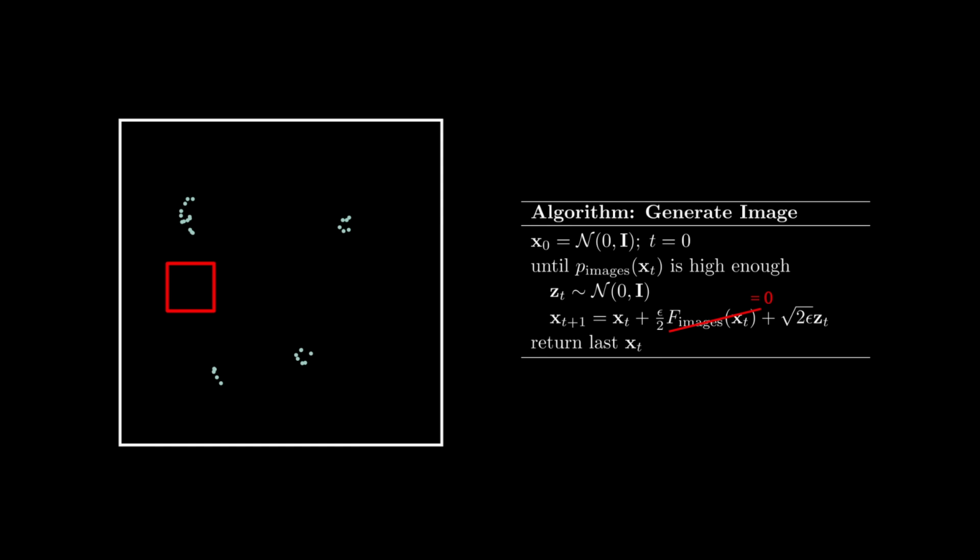So if you started off your image in any of these empty local patches, your Langevin updates would consist purely of the Gaussian noise term, and it'll be practically impossible to stumble near one of the small clusters of image space where good images live, just using random noise. This tells us that Langevin sampling isn't a perfect solution for absolutely all probability distributions.